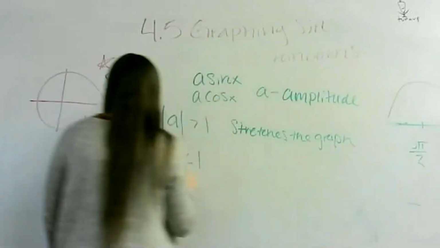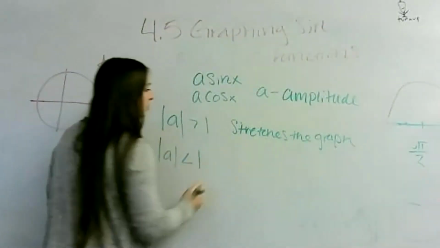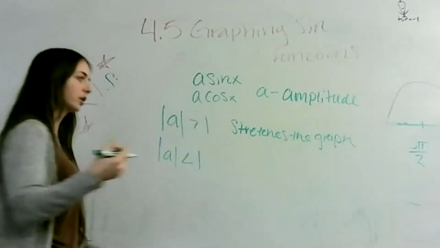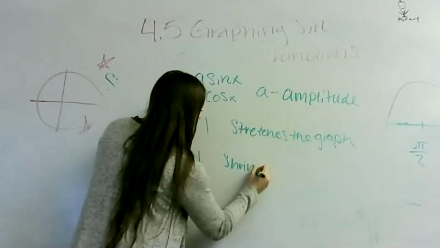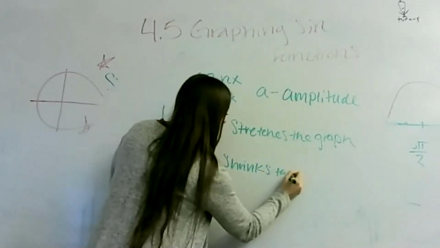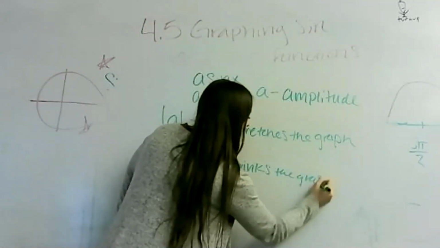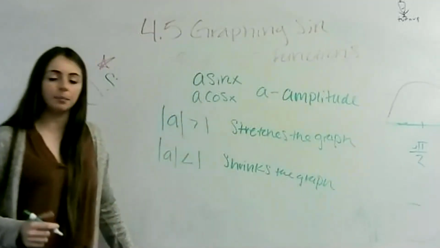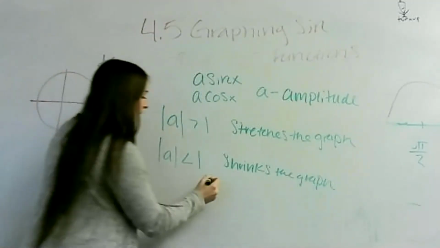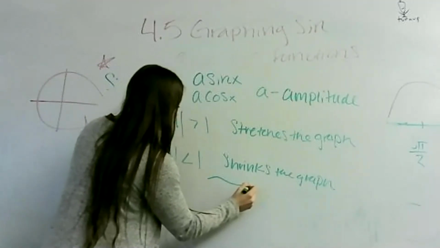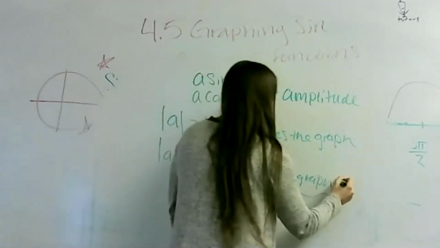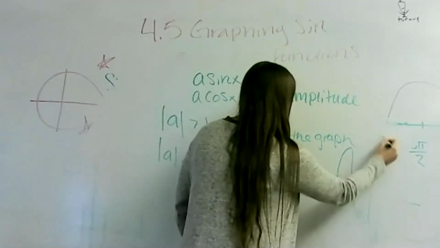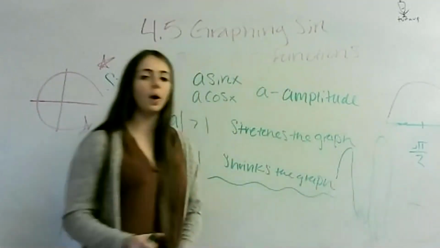And also, if we have an A value that's less than 1, meaning it's a fraction or a decimal smaller than 1, it shrinks it. You also saw this when I input some of those fractions. This one made it just barely a curve up and down, up and down, while when I had a big A value, it stretched way up and way down.